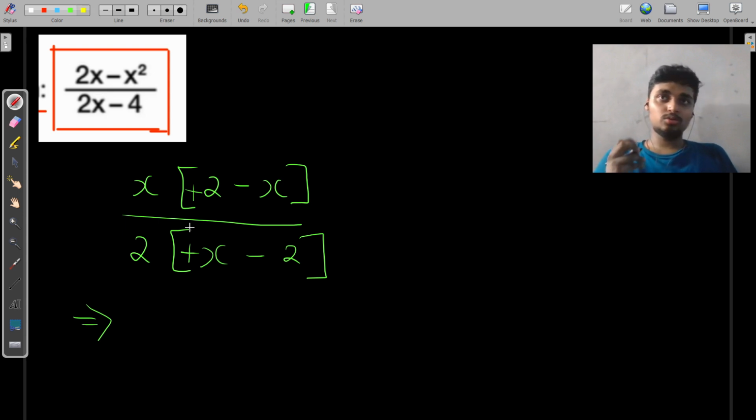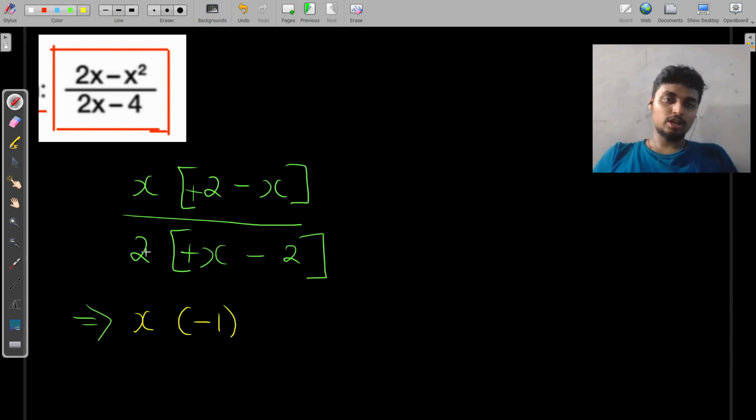So we can do one thing here. We can select −1 as a common factor in the numerator, or if you want, you can do the same in the denominator as well. I think I have to use the word either: you don't have to use the same approach in both the numerator and denominator, you have to go with either one of them.